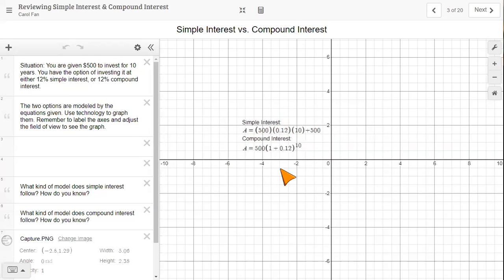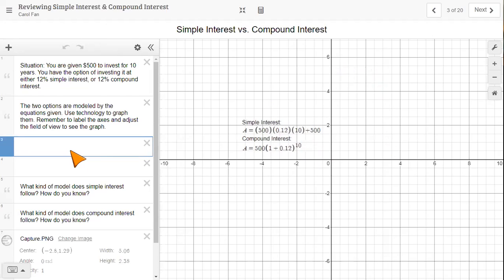So I wrote the equations here. I'm going to let you type it in here so that we can look at the two models and see how they change. You're starting at exactly the same amount, but based on the agreement that you have, your interest is being paid out to you differently.